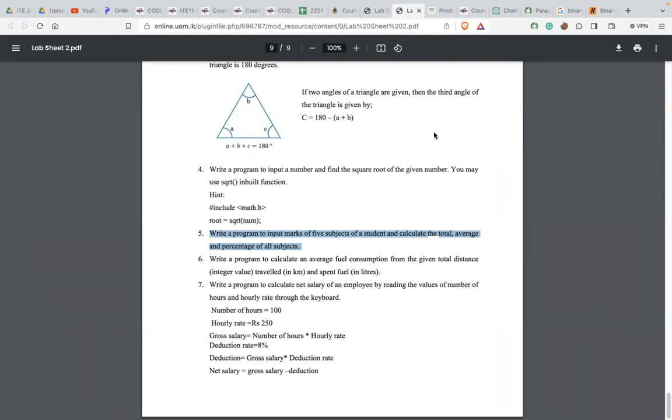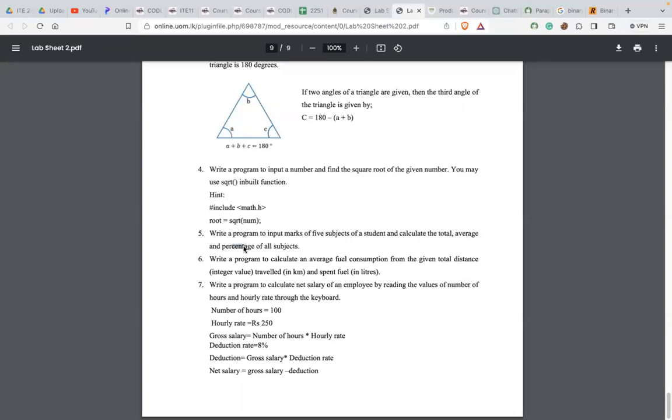So it depends on how you get the answers from the user. Usually we get the answers out of 100, no? So if we get the answers out of 100, then the average and the percentage are equal.